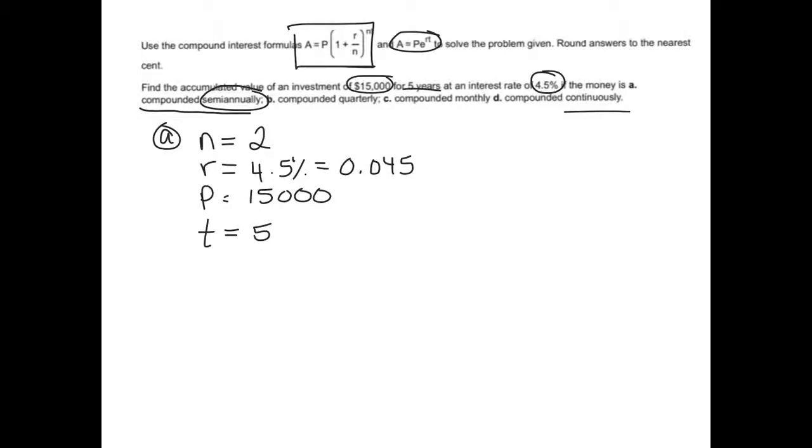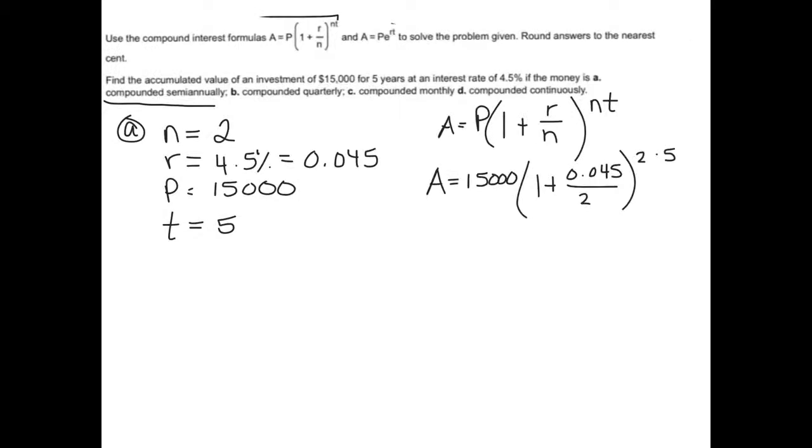Now we're going to take all of these values and plug them into the formula to find A, which is the accumulated value. So here we plugged in the values for n, r, P, and t, and we have A equals 15,000 times (1 plus 0.045 divided by 2) raised to the 2 times 5 power. The first thing we want to do is divide 0.045 by 2.